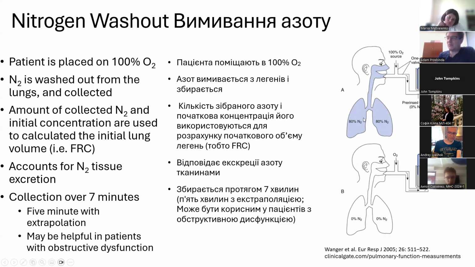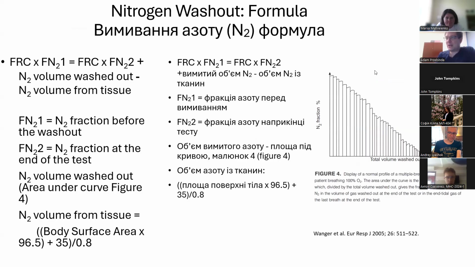And it's well known that in advanced emphysema, this method can mildly underestimate the total volume of the lungs. So that's one of the downsides. In practice, the way this works is that there is a sensor that measures the fraction of nitrogen that you exhale.